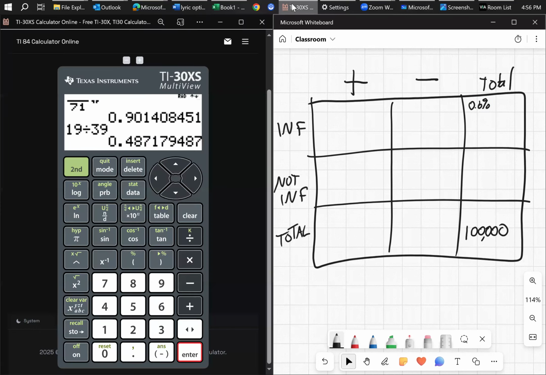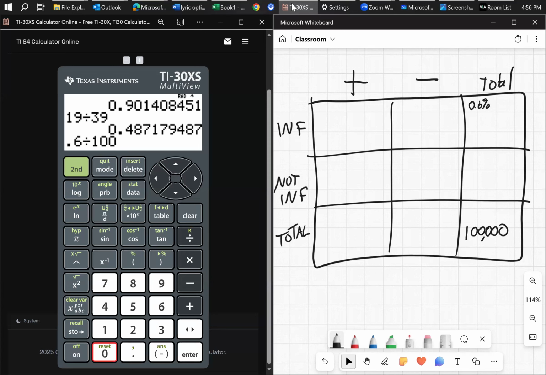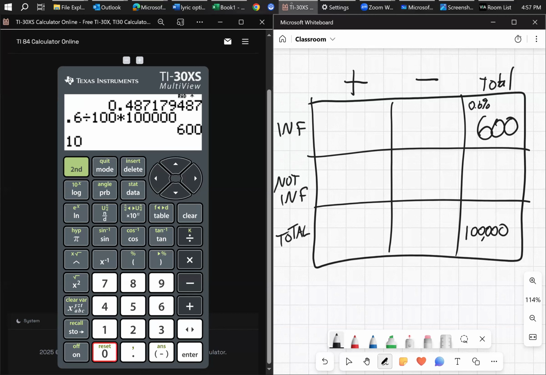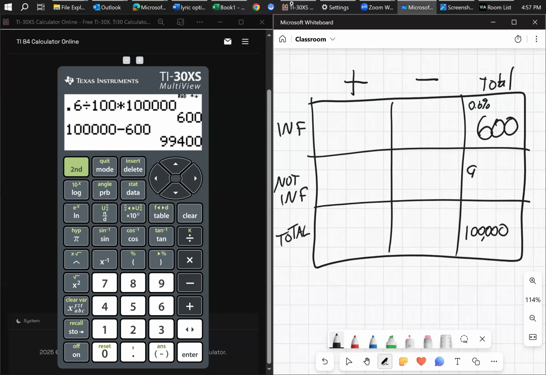So this would be 0.6%, letting the calculator do the decimals, times the grand total, 100,000, gives us 600. 600 of those 100,000 people would be infected. And that's the 0.6% incidence rate. Now we subtract the 600 from the grand total, and we can see how many people out of that population were not infected. All right.